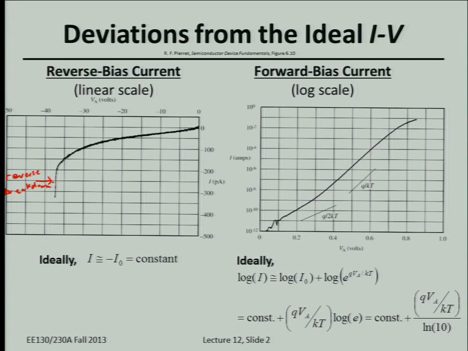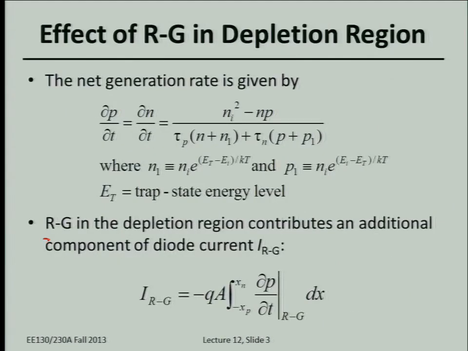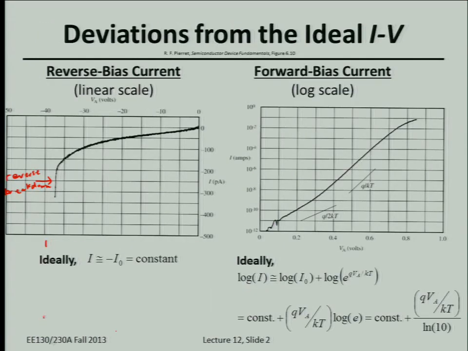Do you remember ideally what the current looks like under reverse bias? If we look at the ideal diode equation, I is equal to I naught times e to the qVA over kT minus 1.